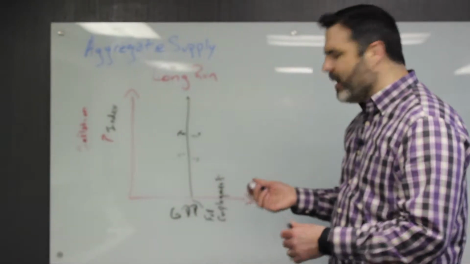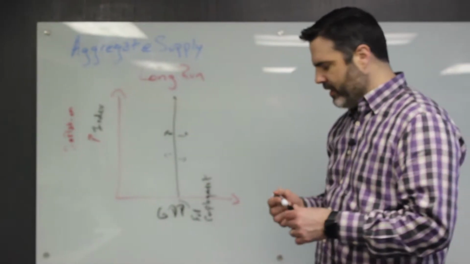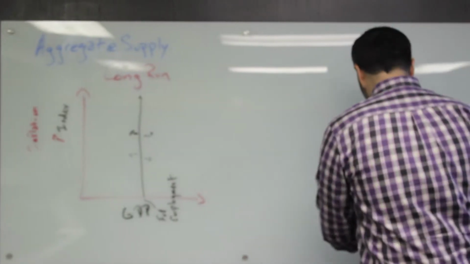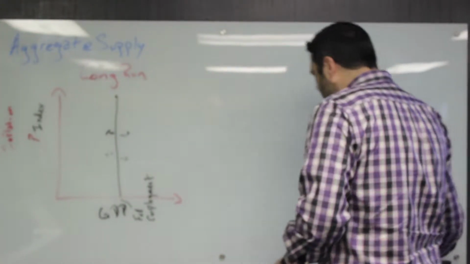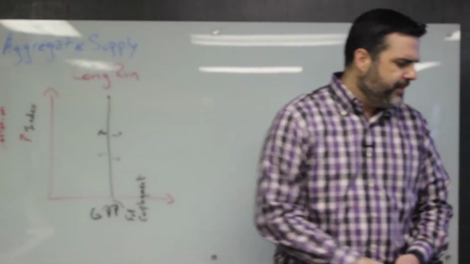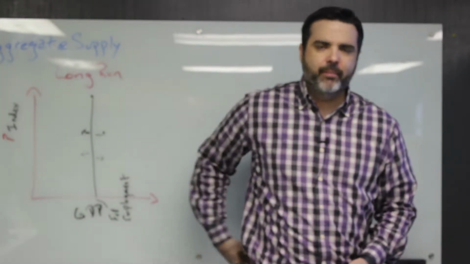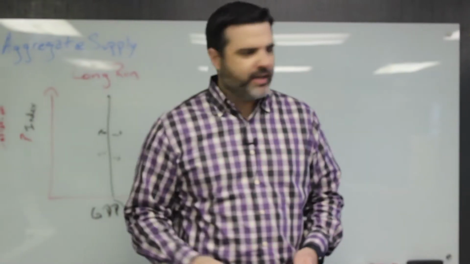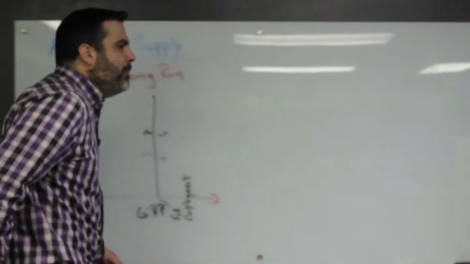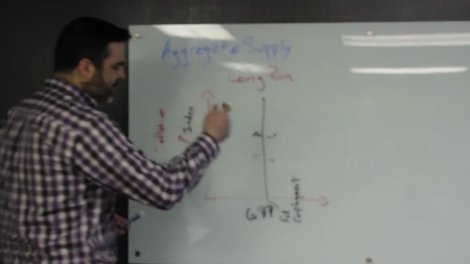Now, let's talk about what the immediate short run looks like. Well, in the immediate short run, sorry, let me move my helper slides so I can draw this right. In the immediate short run, we have the exact opposite problem.